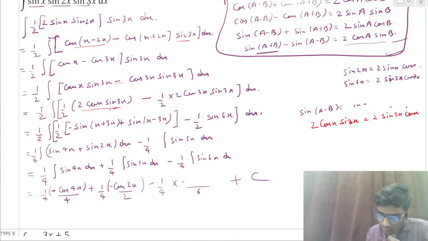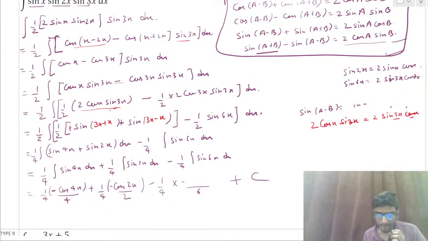When we write it in this form, sine of a plus b means a is 3x, b is x, so it becomes sine of 3x plus x, plus sine of 3x minus x.